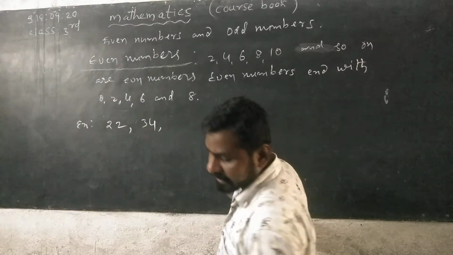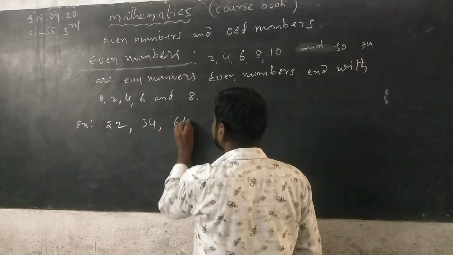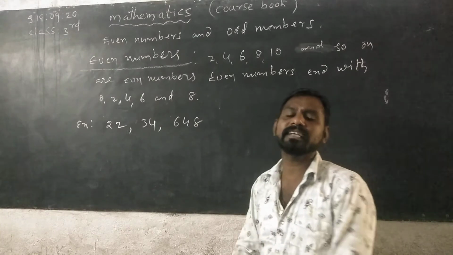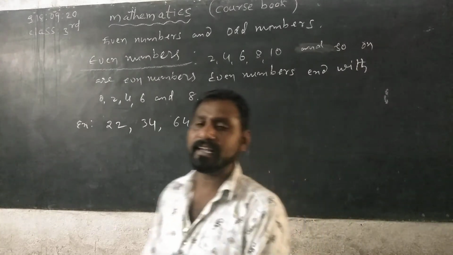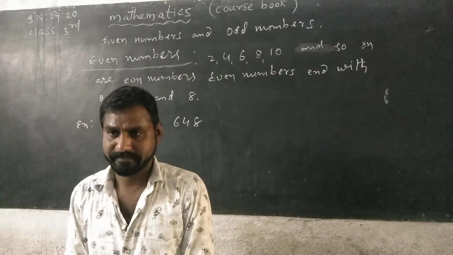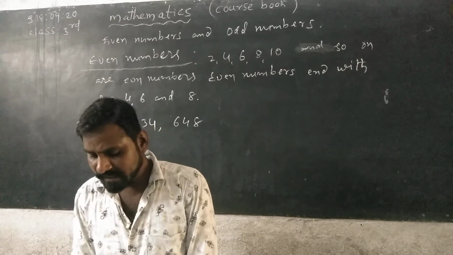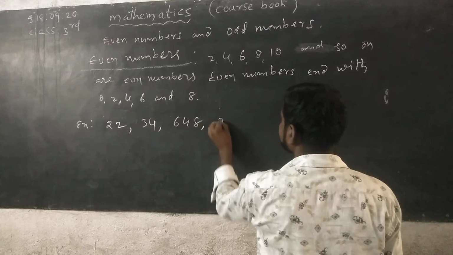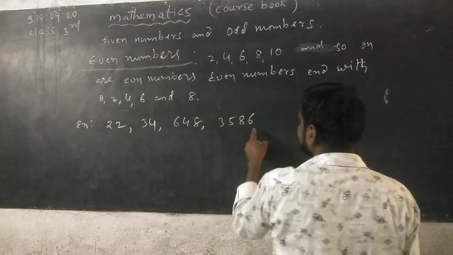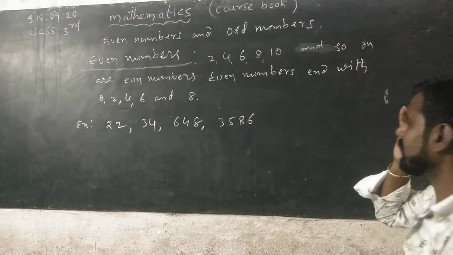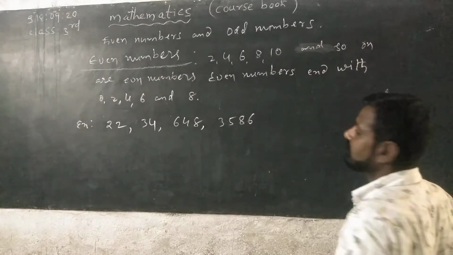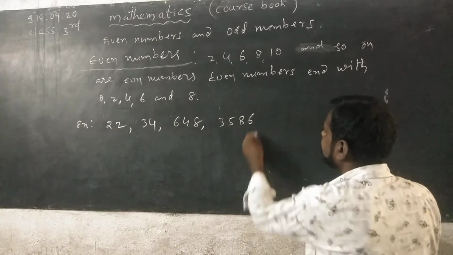Now next 648. See, did you observe 8 is in ones place, end with 8. Then 648 is also an even number. Now next 3586. See, 3586 ends with 6. 6 is an even number, so the total number is also an even number.